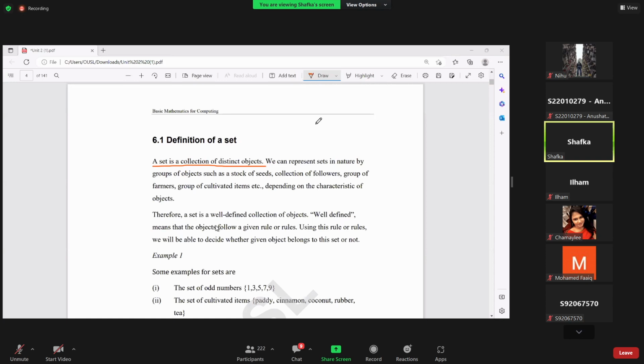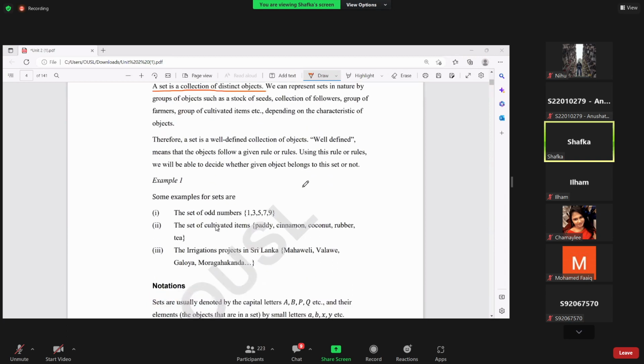Yes. Yeah, it's a set. The only difference is the number of elements. Infinite number of elements. And when you are telling a bound, that means you have a finite number of elements.